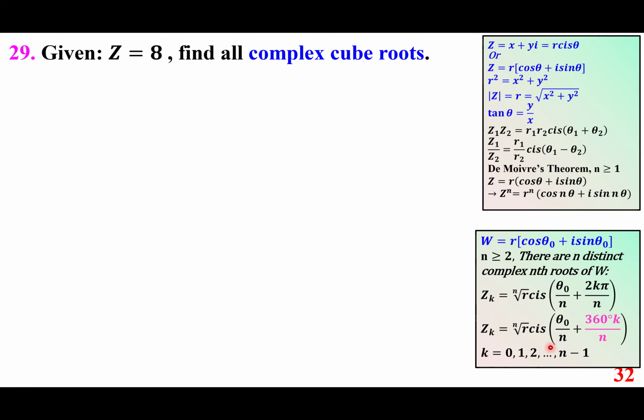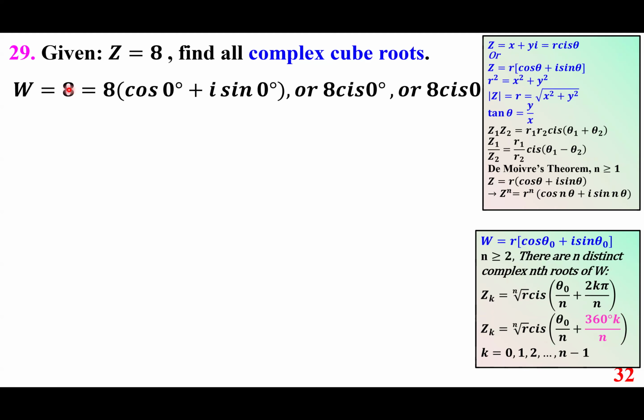Okay, so first and foremost, W equals 8 cis 0. In this case, that's the reason I'm calling it W, because I want to go with that. By the way, just a quick reminder, class.